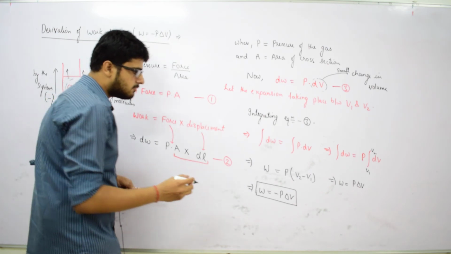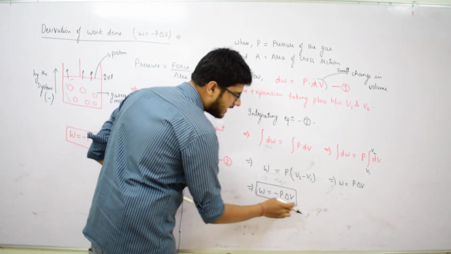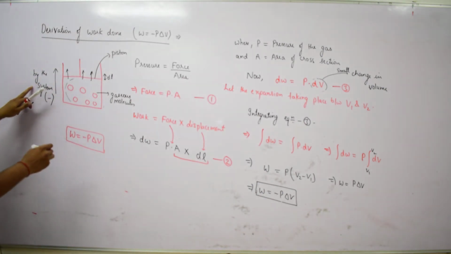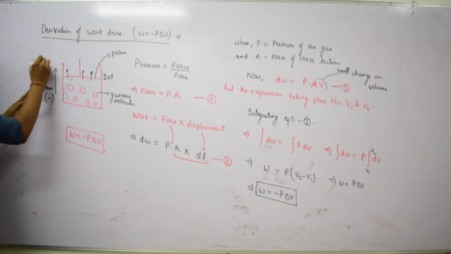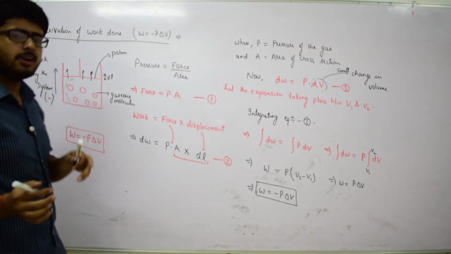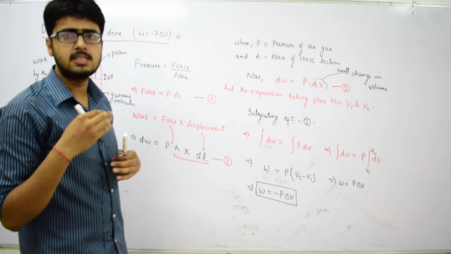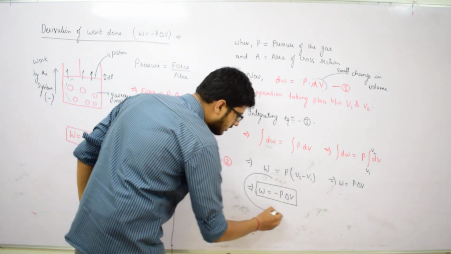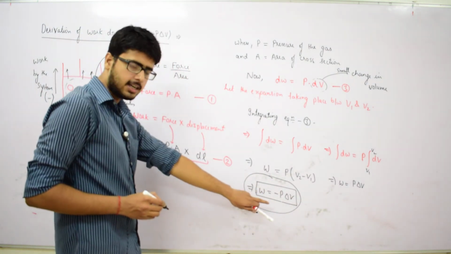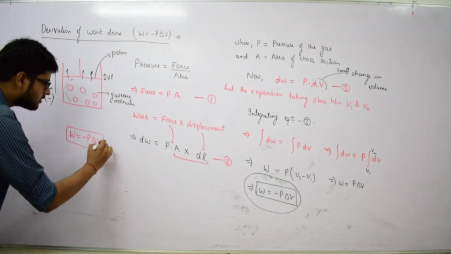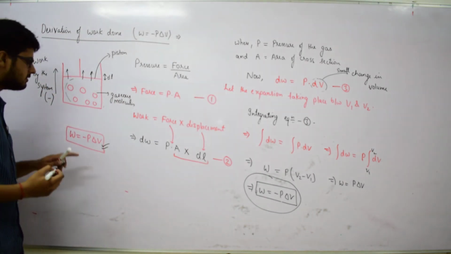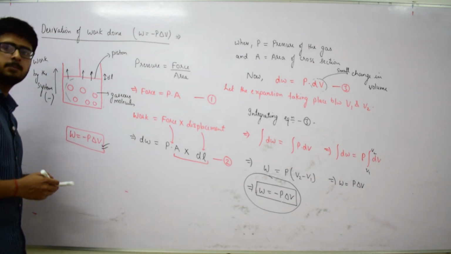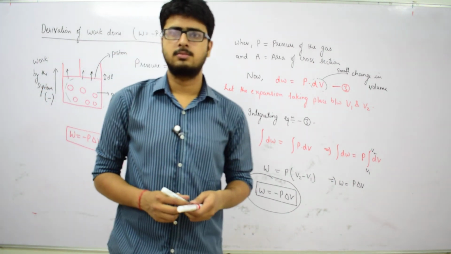The final expression which we get is W is equal to minus P delta V, because in this case work is done by the system, and whenever work is done by the system, according to convention, work done is always taken to be negative. So, the final expression obtained during expansion of the gas is W is equal to minus P delta V. So, thank you class.